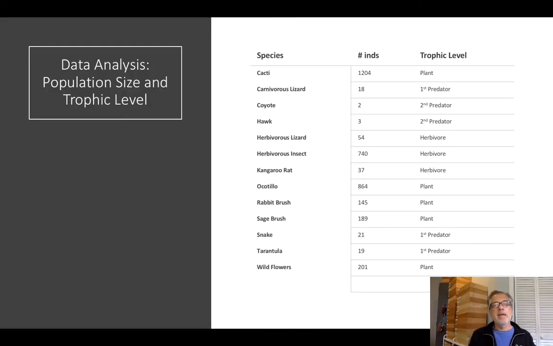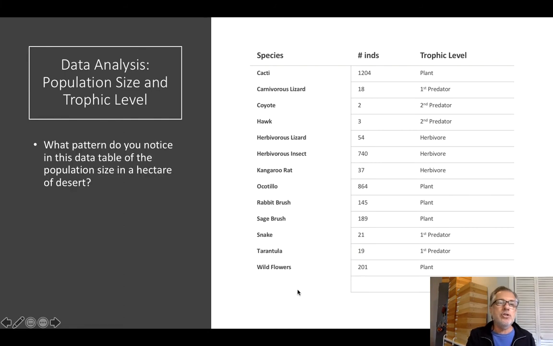Now, in this slide, what I have done is put together the population size of various species within a desert ecosystem. And in fact, it's within 1 hectare of desert. And a hectare is 100 meters squared. So you think of football fields squared off, and that's about a hectare of land. And you will notice that I've got each species categorized by its trophic level, whether it's a first predator, a second predator, an herbivore, or a plant.